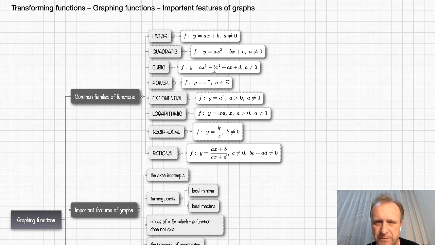Cubic functions, well, we have not spent much time with cubic functions, but there is a reasonable generalization of the quadratic functions. In addition to these three terms in quadratic functions, there is the cubic term there, and well, if you encounter them, then you will see what their graph looks like.